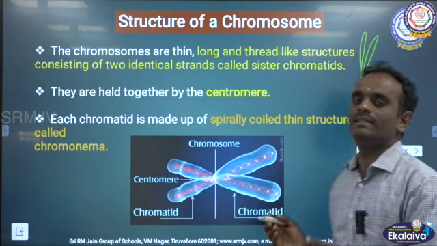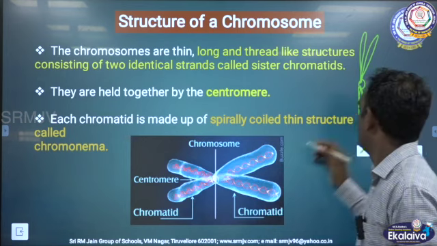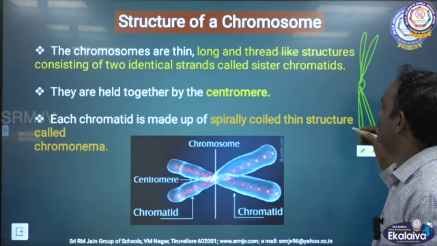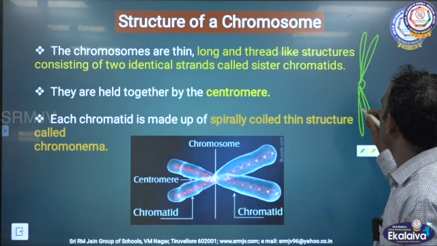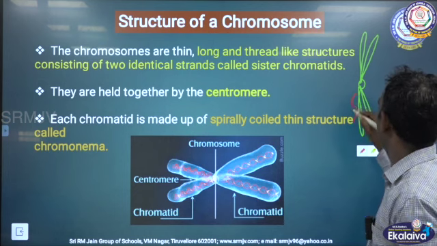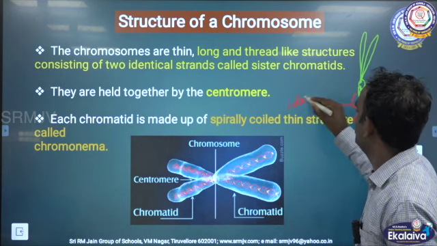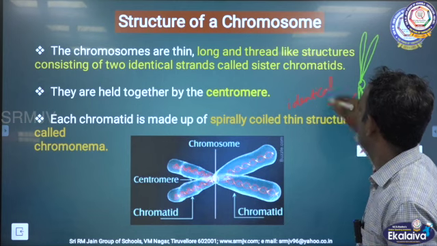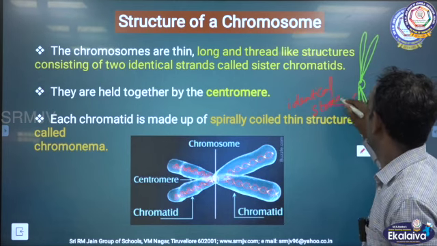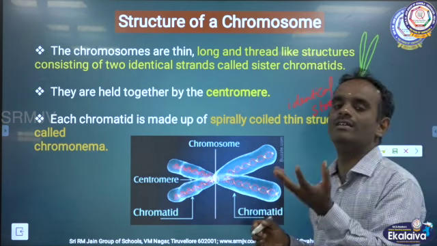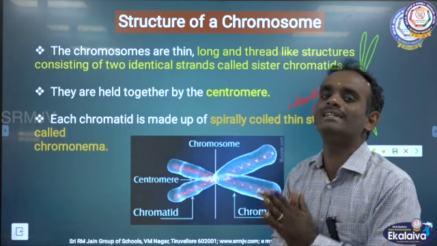So this is the chromosome. It is a long thread-like structure consisting of two identical strands, and they are called sister chromatids.